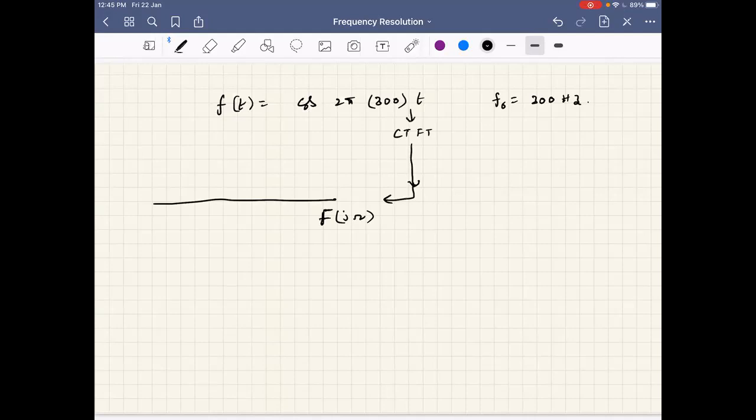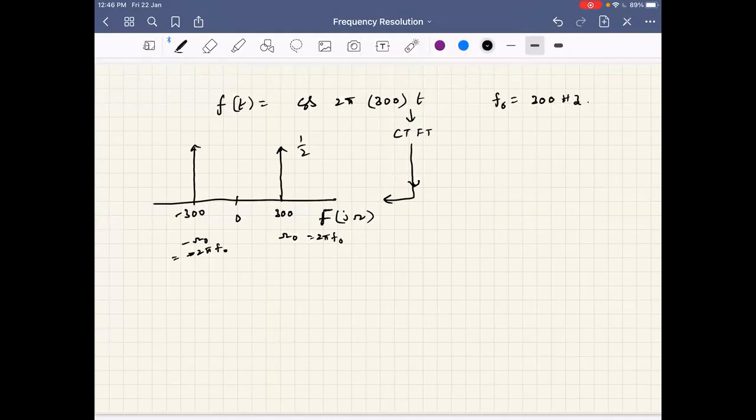It will have a peak at 300 Hz and at minus 300 Hz, that is omega naught and minus omega naught, or 2 pi into f naught and 2 pi into minus f naught. You will have peaks at these locations, and the extent of the peak may be half. So this is the frequency content.